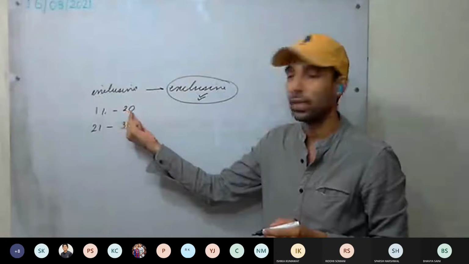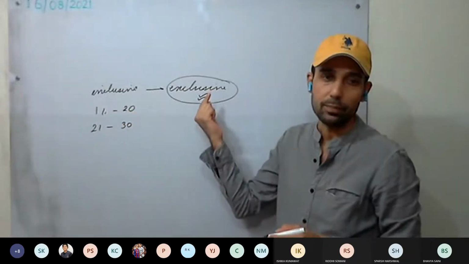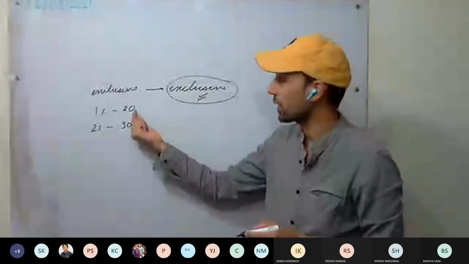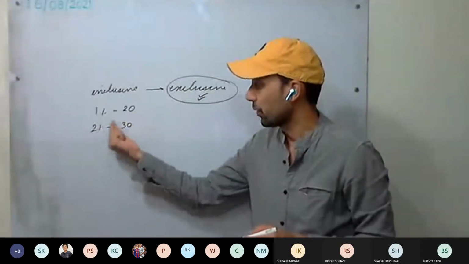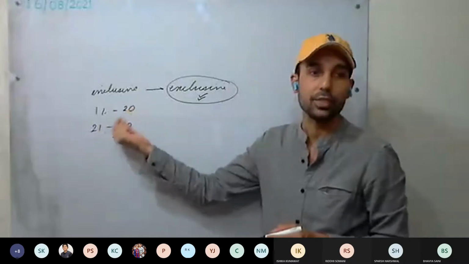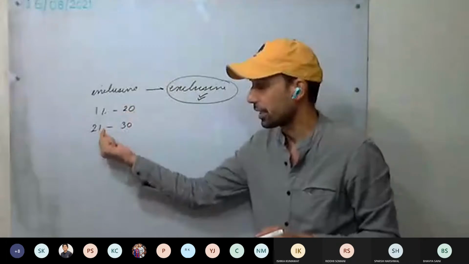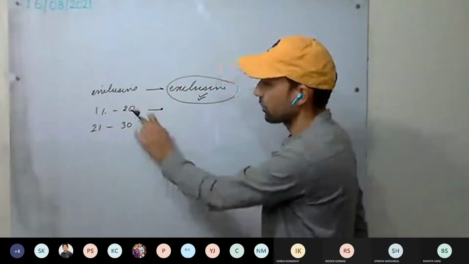That is, they are including the lower limit as well as the upper limit. Now, to draw the histogram, we require exclusive class intervals because we require continuity. Because we want to know the data which lies between 20 and 21, in which class interval will that data enter? So there's an issue. So we make them exclusive.